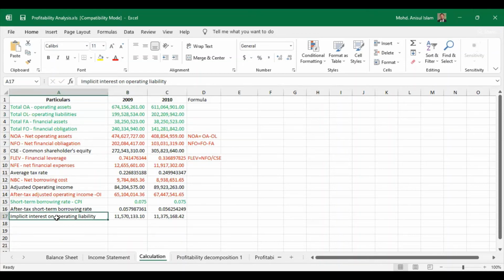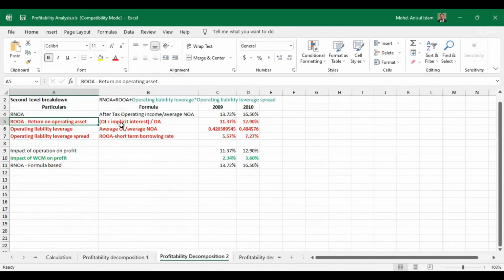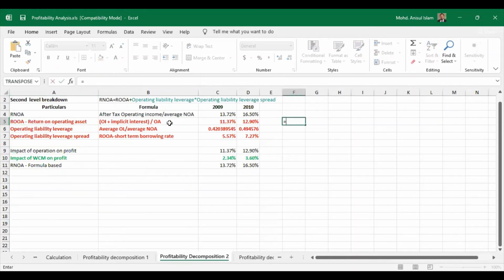So we take the implicit interest cost, which we would not pay if we had no operating liabilities, and add it to the after-tax adjusted operating income, and we divide this total by the total operating asset. Let me show you how we have calculated it.